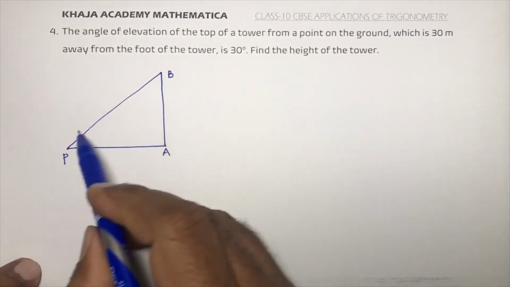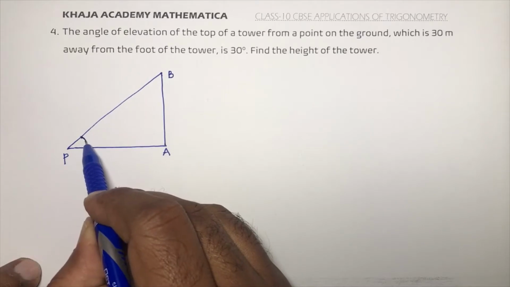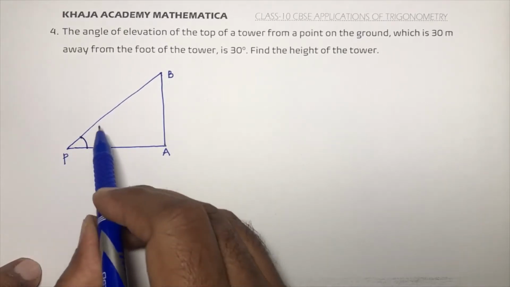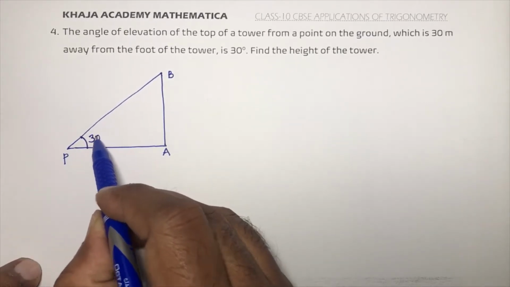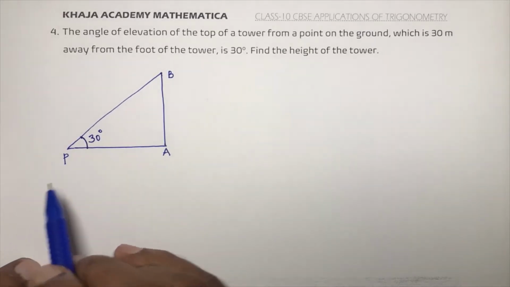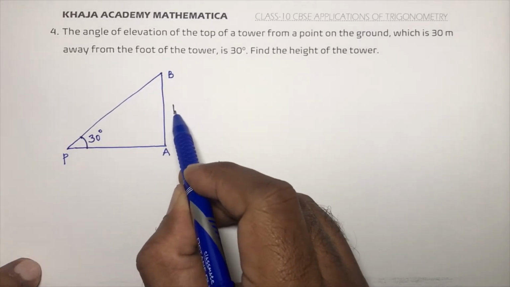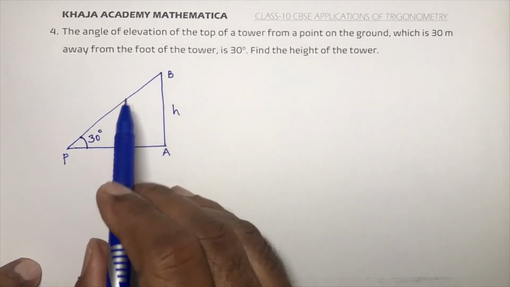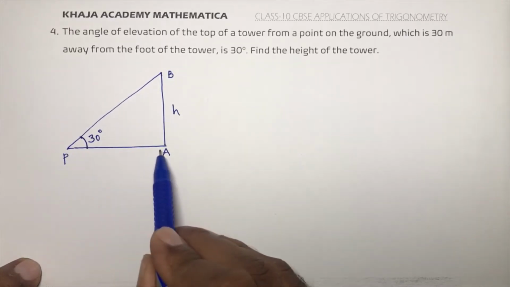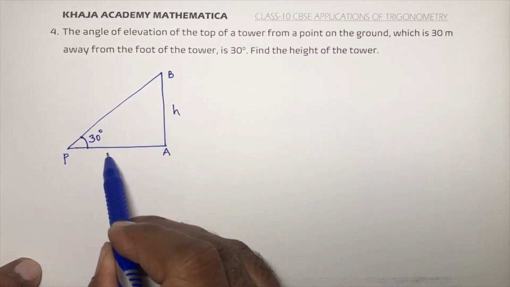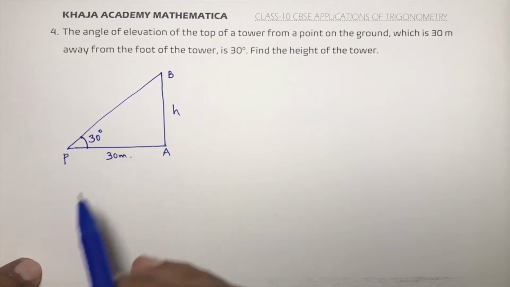Means if you are seeing something up, then the angle between line of sight and horizontal surface is angle of elevation. Angle of elevation is here 30 degrees. We need to find the height of the tower. The distance between this point of observation and the foot of the tower is 30 meters.